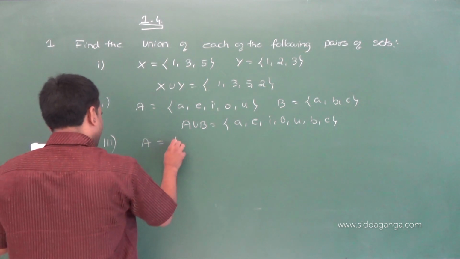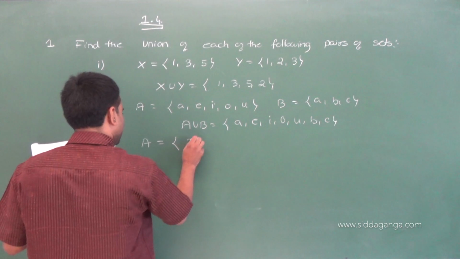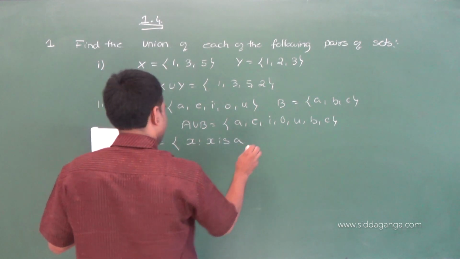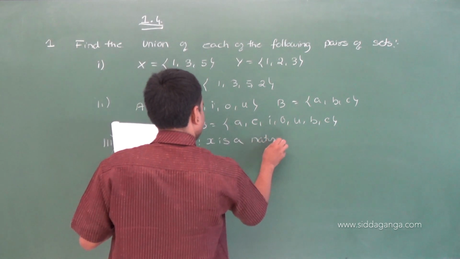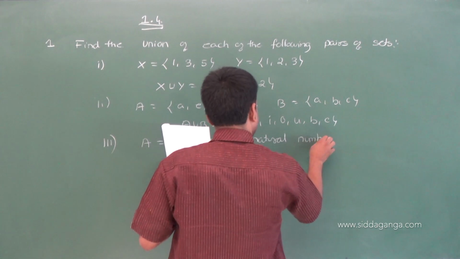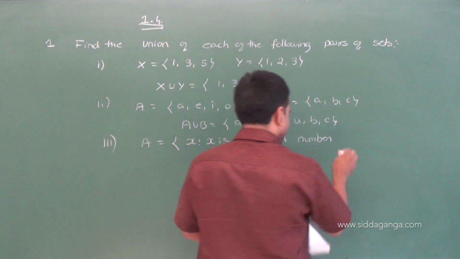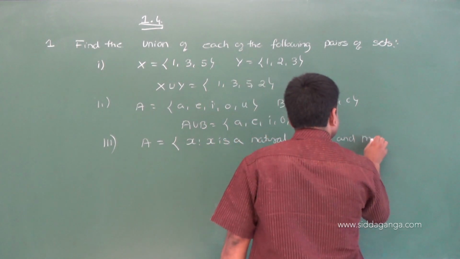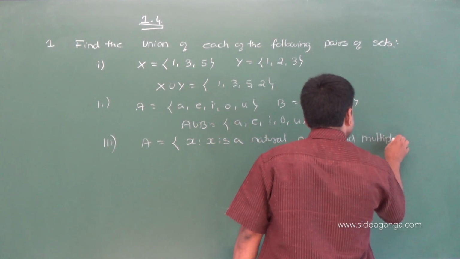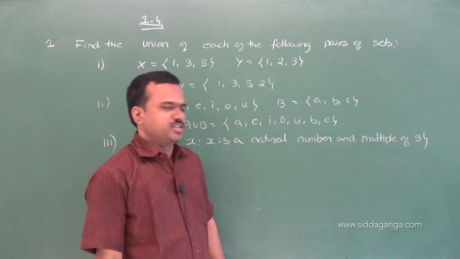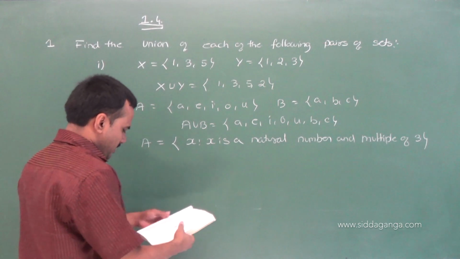A is equal to x such that x is a natural number and multiple of 3.